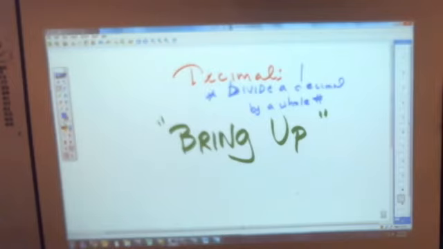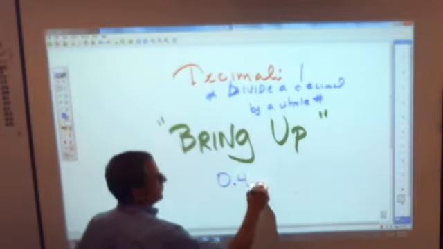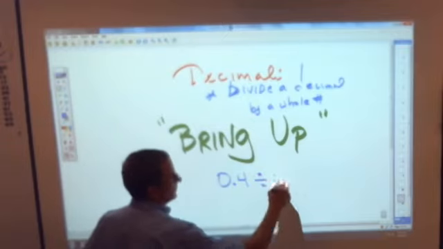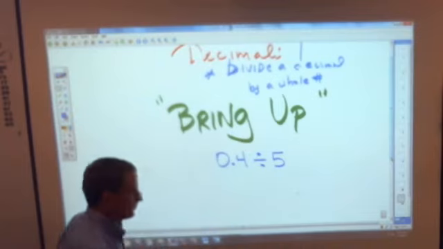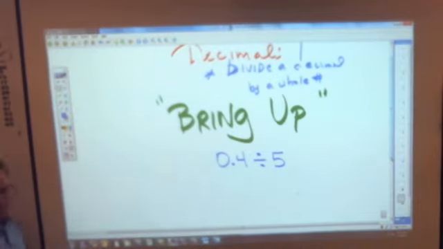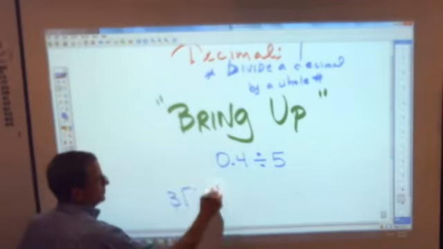Which means I have this problem here. Let's do it. 0.4 divided by 5. I suppose, no, I'm going to start with a different problem, sorry.